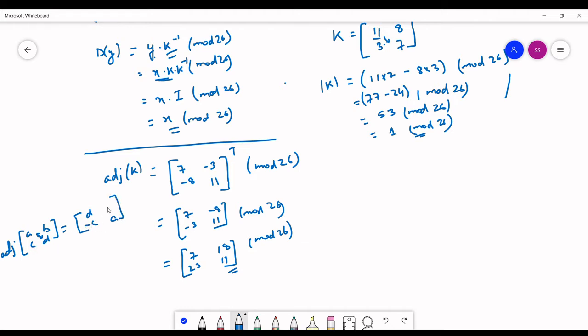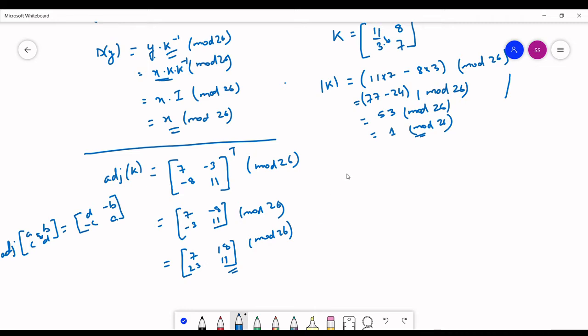It will be minus c and minus b. Here we can see that 11 and 7 have been exchanged, so it's 7 11, and a negative symbol: it was 3 and 8, it became minus 3 and minus 8. So this is the way of finding the adjoint of a 2 by 2 matrix.